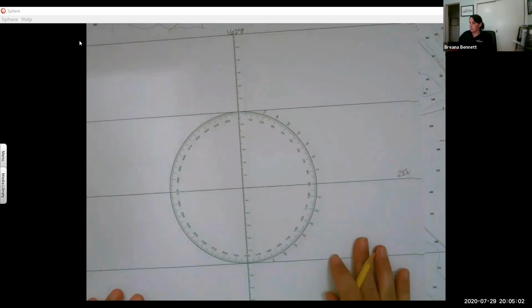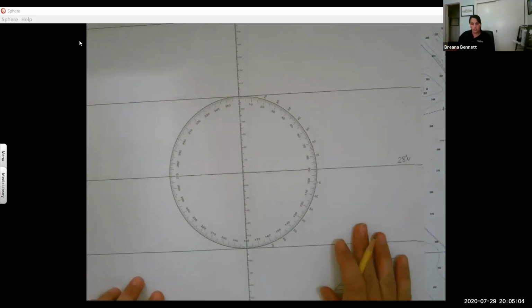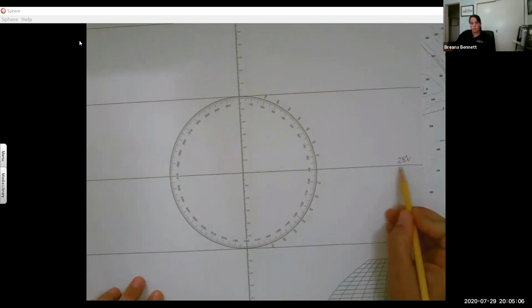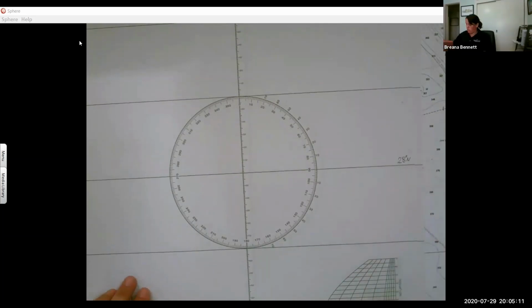So we start with putting in our longitude lines. We are at 28 degrees north. So I'm going to do this method this time. So we have 20, 25, and I'll call this 28 degrees.